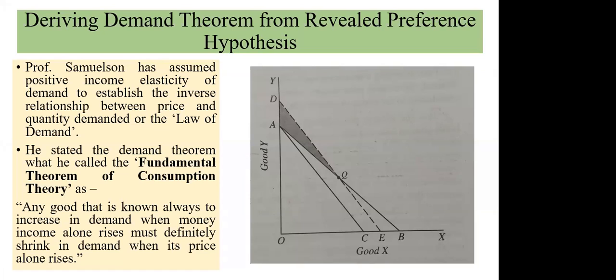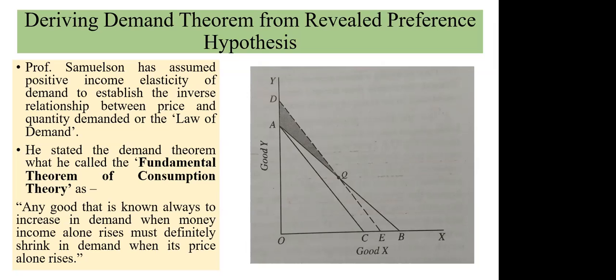That means there is positive income elasticity between this good and the income of the consumer. Must definitely shrink in demand when its price alone rises. For a commodity whose income elasticity is positive, whenever only the price rises alone, there will be a reduction in the demand. He called it the fundamental theorem of consumption theory.